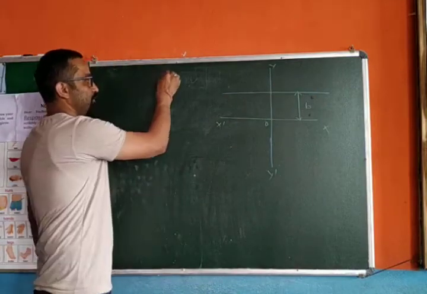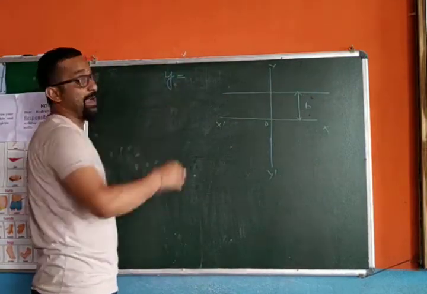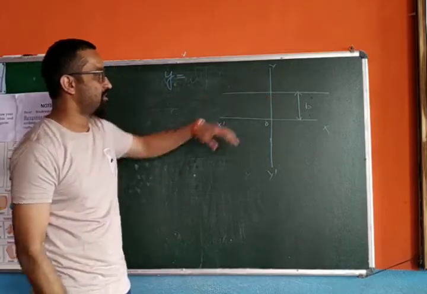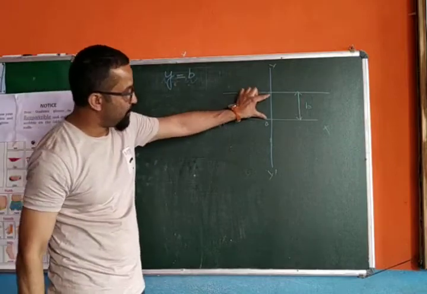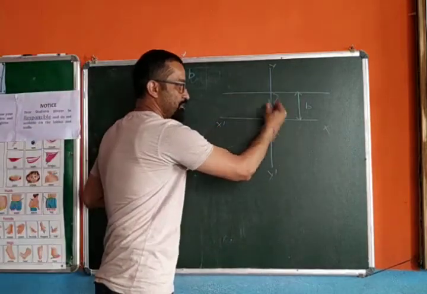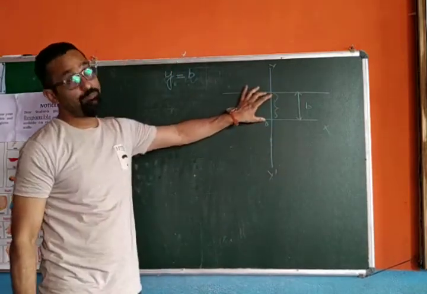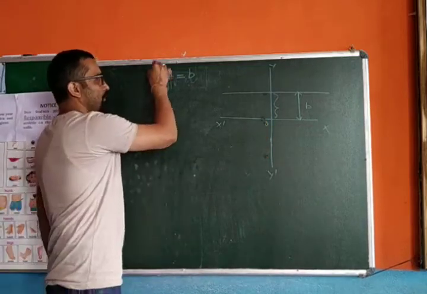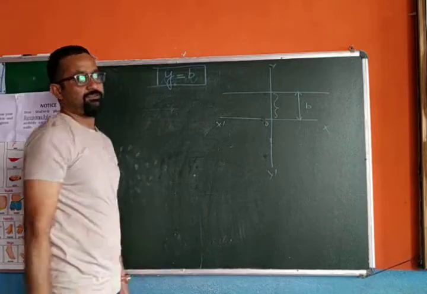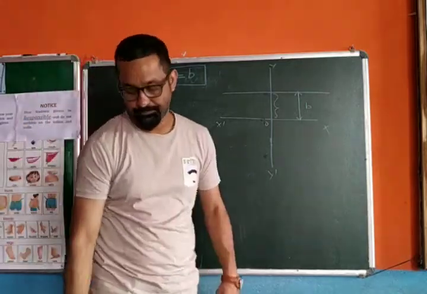So equation of the line parallel to x-axis is y equal to b, because value of b is y out here. It can be positive, it can be negative. So this is the third formula.